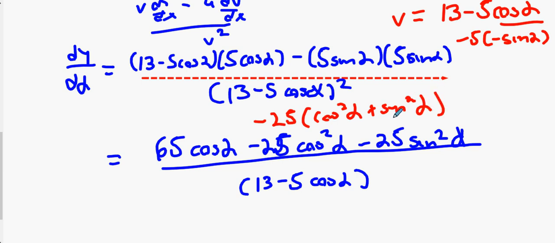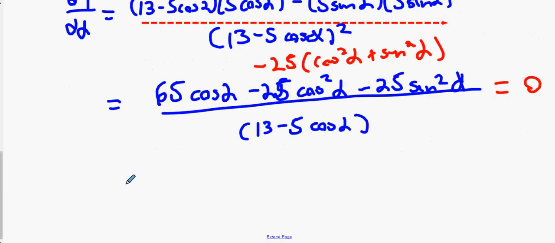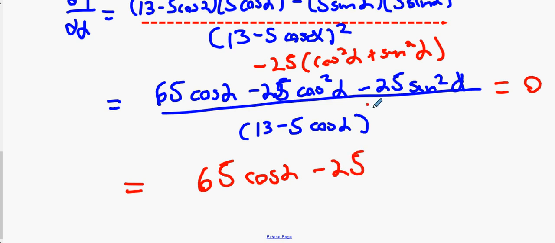Now, the first derivative of turning points equals what? 0. It's a maximum, it's a turning point, and the first derivative has to equal 0. That will leave me with 65 cos alpha minus 25 on top. Does the denominator matter?